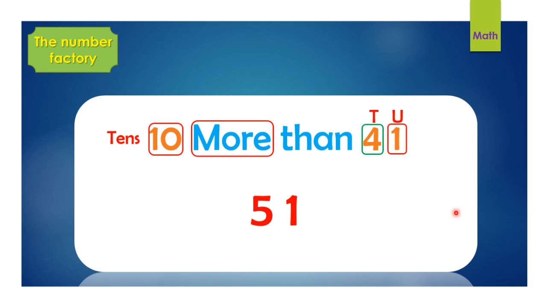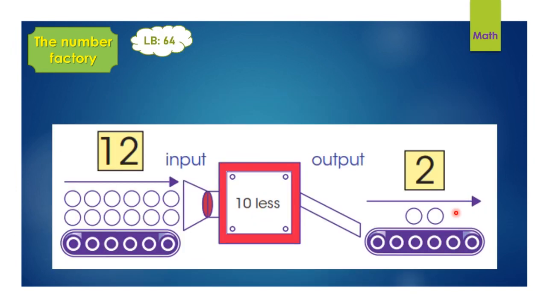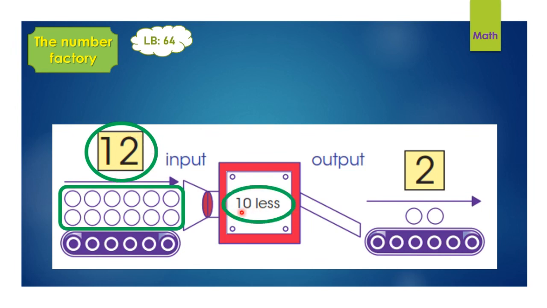Okay, let's move. Here, back to our learner book, page 64, I have the same machine. Now, what is the number here? It's 12. So he drew here 12 circles. When I put 12 inside the machine, it will make 10 less.